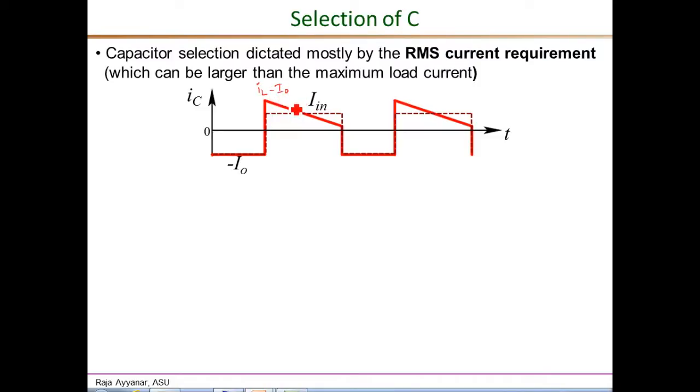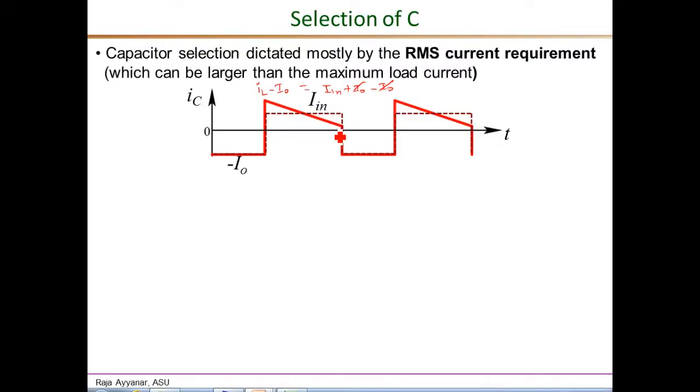Its average value only during the off interval is, since IL average is IN plus IO, equal to IN plus IO minus IO, so it's essentially IN. So we can approximate this capacitor current waveform by the square wave current shown by the dotted lines, taking on values minus IO and plus IN.